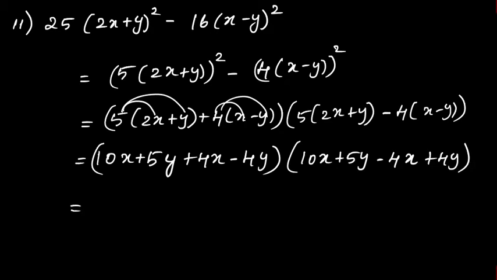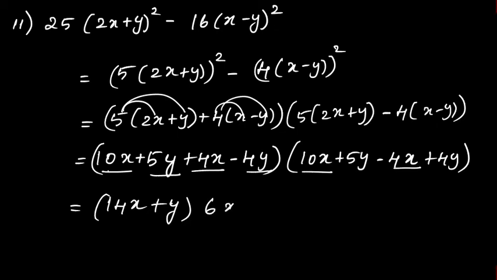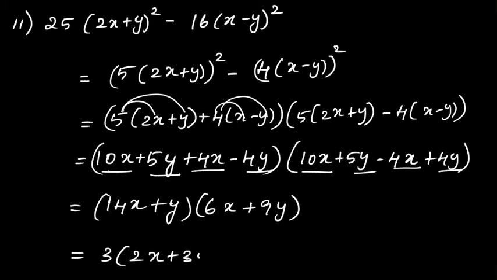So again, 10x plus 4x will get 14x, 5y minus 4y will get plus y. So similarly here 10x minus 4x will get 6x, plus 5y plus 4y, plus 9y. So from the second factor, that is 6x plus 9y, we can take 3 as common. So when we take it out, 3 into (2x plus 3y) into (14x plus y).